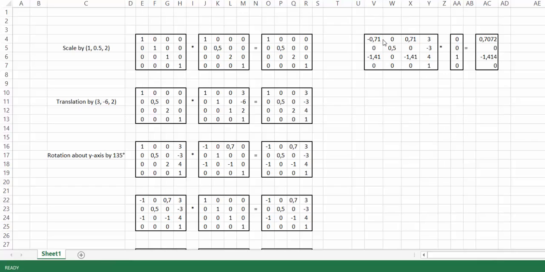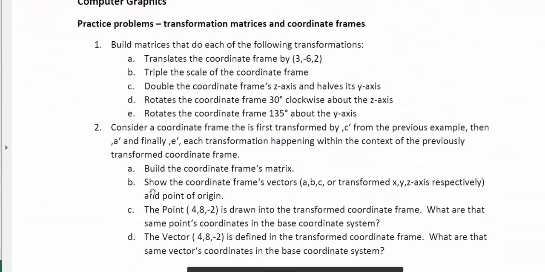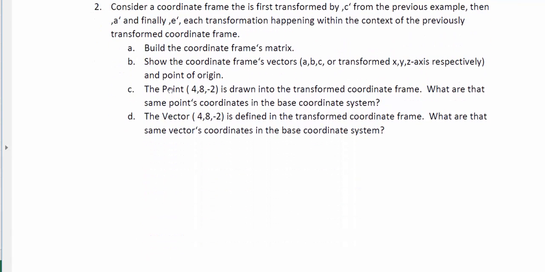Okay, so now that we've set up this matrix multiplication, where we've used it to transform the base unit vectors and the point of origin to find these vectors and points in order to answer this question, we can now easily answer questions C and D. This point is drawn into the transformed coordinate frame.